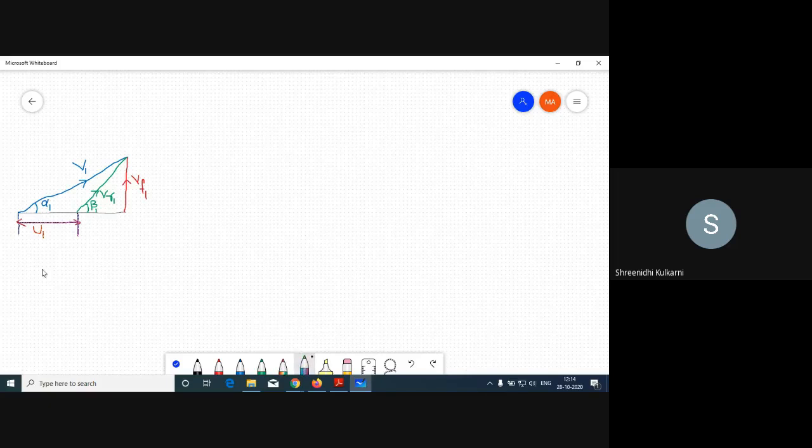And from here to here it is BU1. Right? So this is the inlet velocity triangle. Okay, so you are going to write inlet velocity triangle.